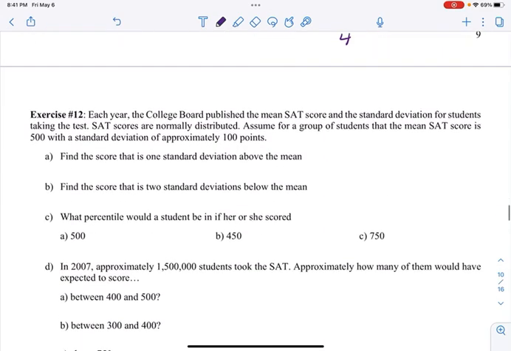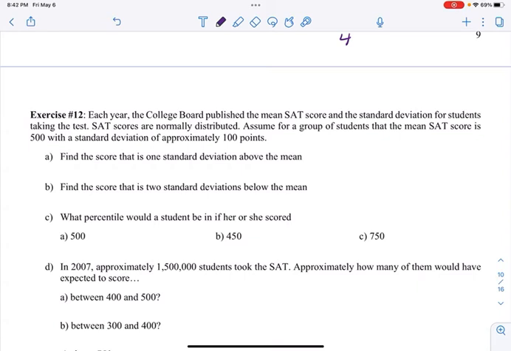Each year the College Board, some of you have taken the SATs, publishes SAT scores and the standard deviation for students taking the test. SAT scores are normally distributed. Assume for a group of students that the mean SAT score is 500 and the standard deviation is about 100. Find the score that is 1 standard deviation above the mean. Actually, I don't need my calculator for this.